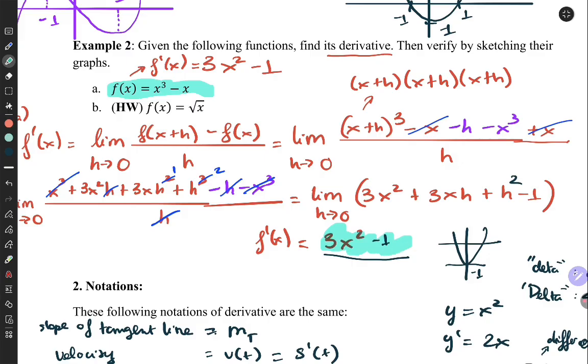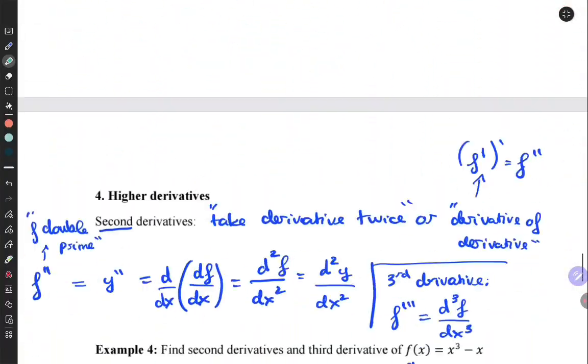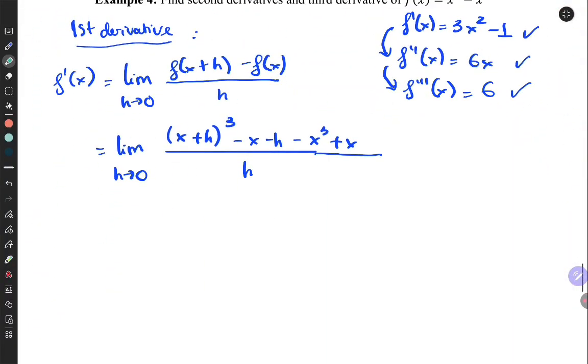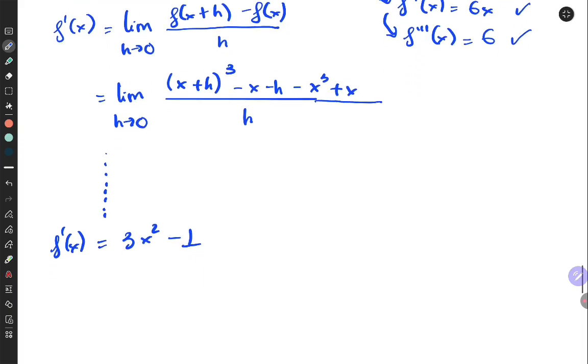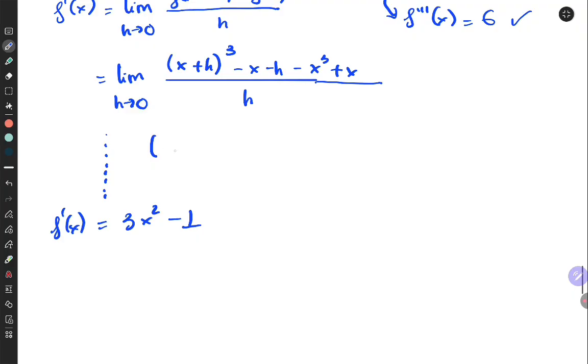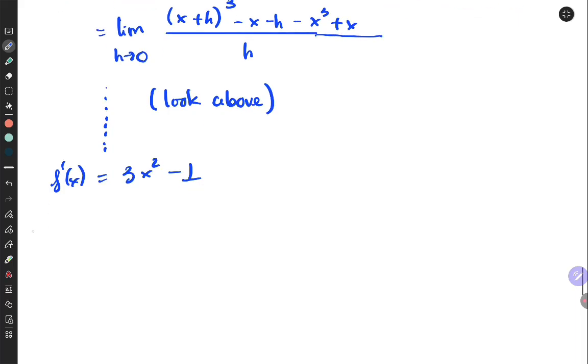So 3x squared minus 1. However, if you don't know how to go from there to here, make sure you're able to do that. 3x squared minus 1. Look above, two pages before.